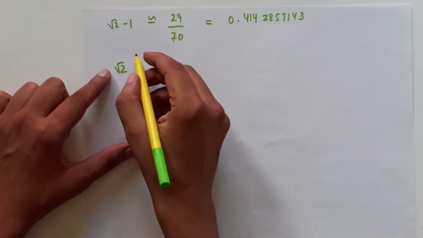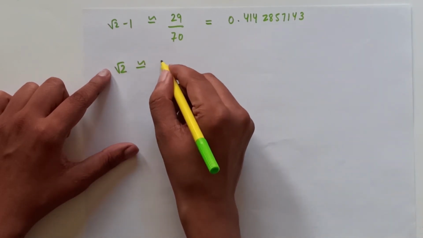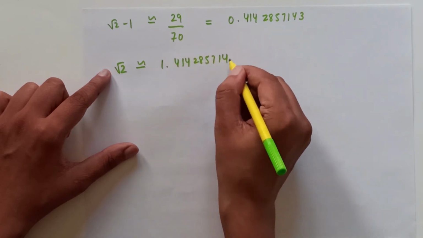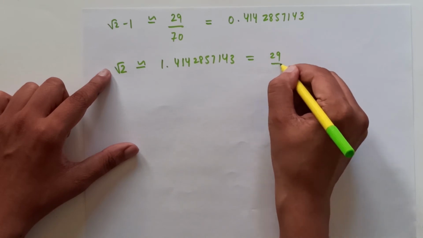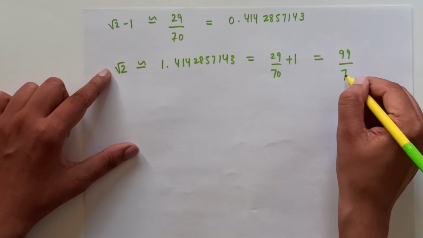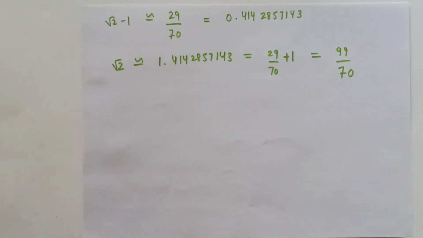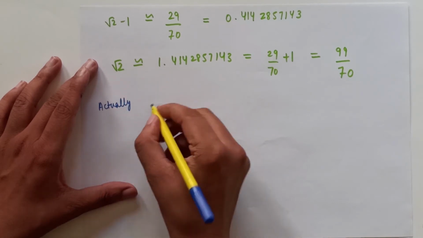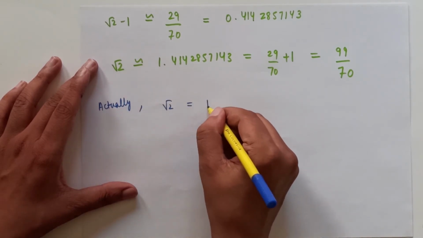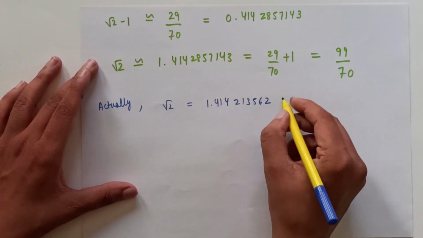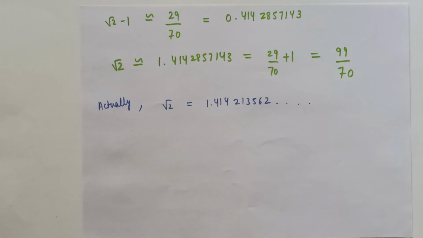We add plus 1 on this side, we will get root 2 nearly equal to 1.4142857143, or 29 over 70 plus 1, which is equal to 99 over 70. But actually what is the value of root 2? Well, root 2 is equal to 1.414213562 and so on.